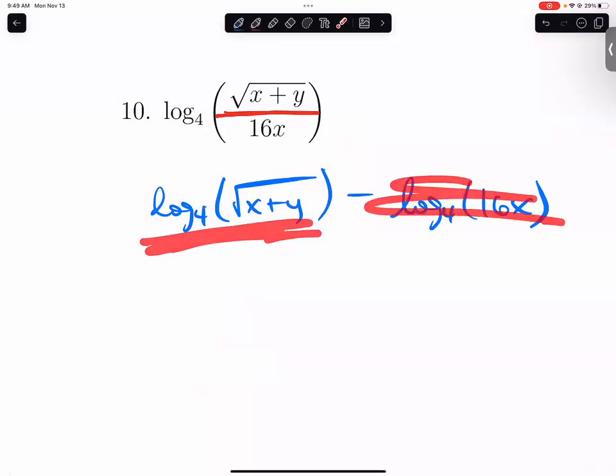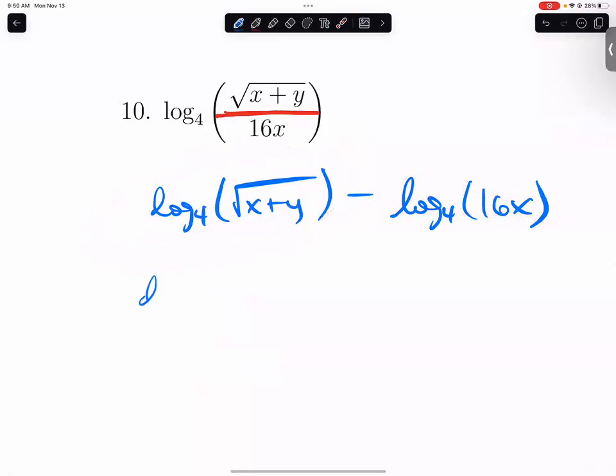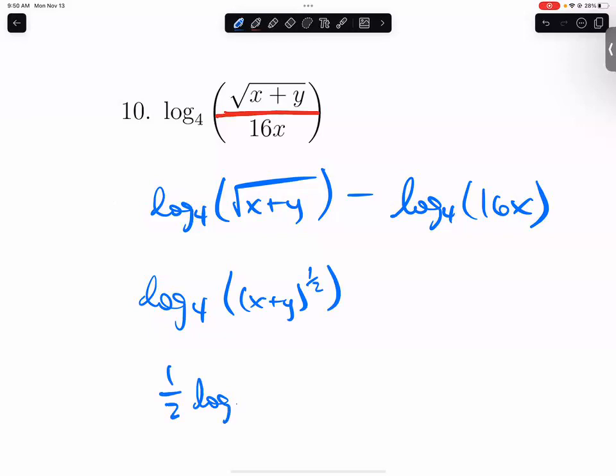So forget about this for right now. Let's just look at this first one. What else can I do there? There's a square root, and a square root's the same thing as a 1/2 power. And a power I can bring out.